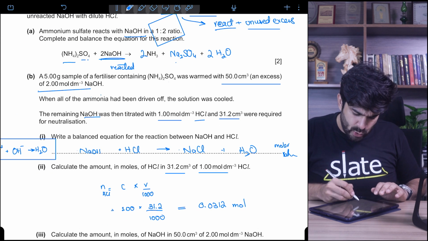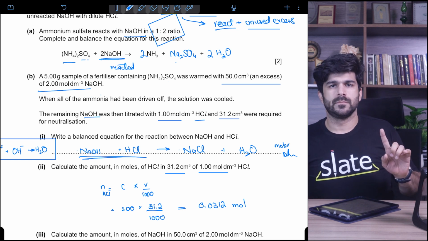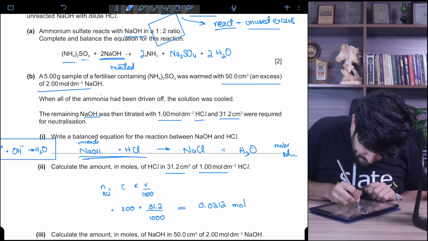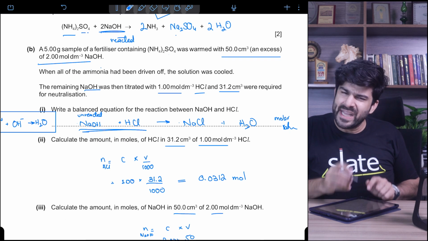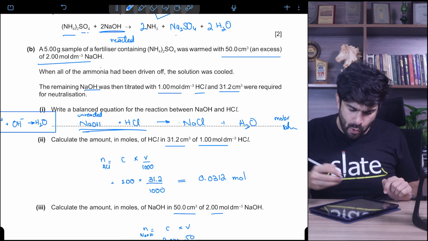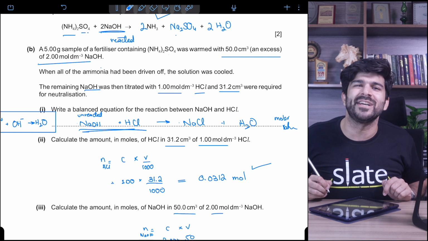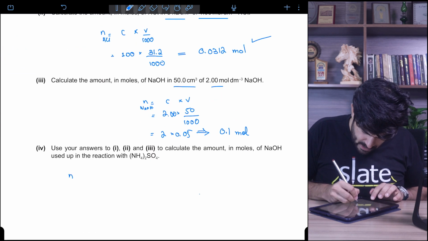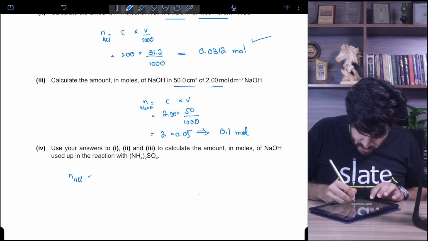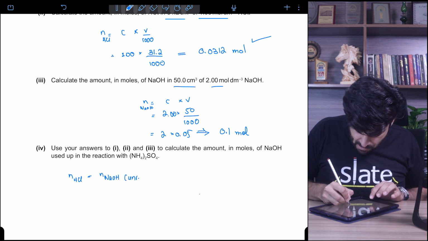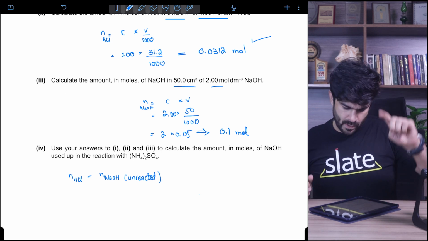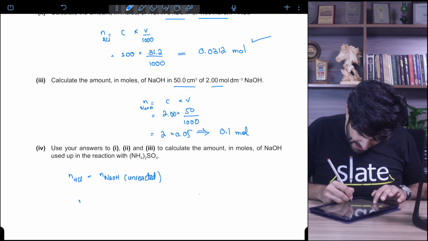So these two reacted. This was the unreacted excess. So we can calculate the moles of unreacted. How? Because we calculated the moles of HCl. Since we know it's 1:1, moles of HCl equals moles of NaOH unreacted.